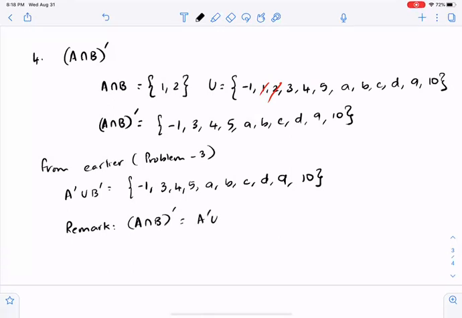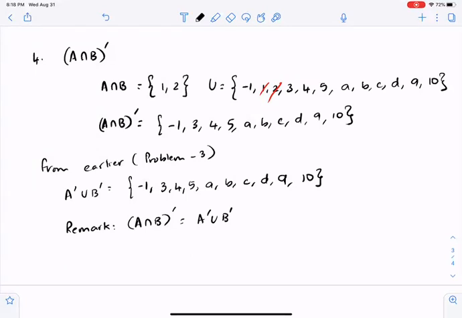One may ask, well, why should we remember this? Sometimes finding A intersect B complement would be easier than finding A complement union B complement. So we just have to make a wise choice on which to pick.